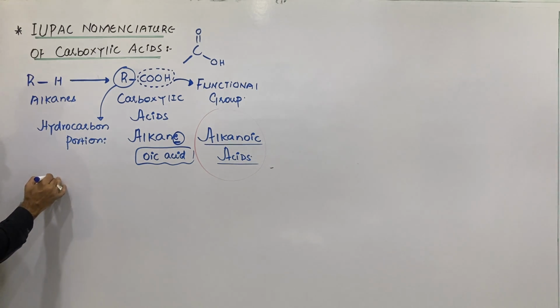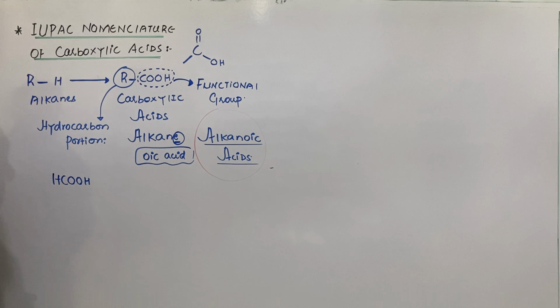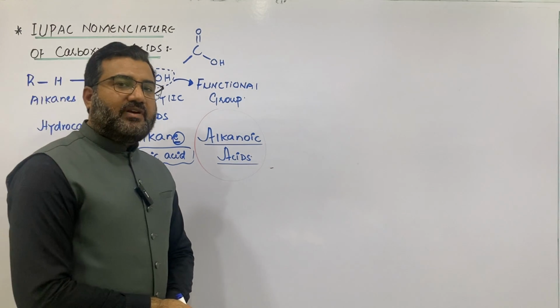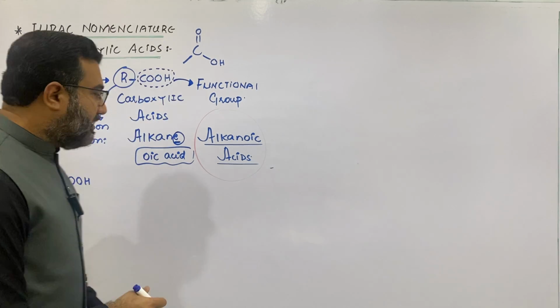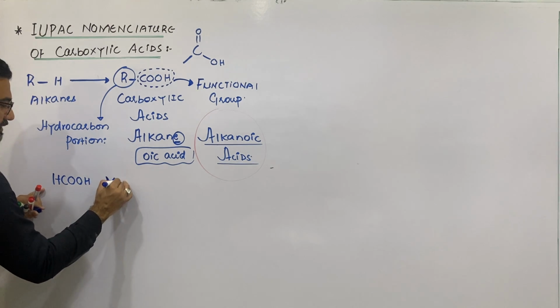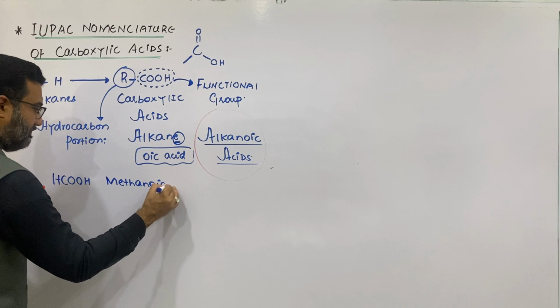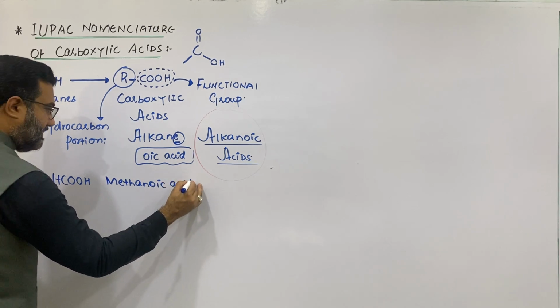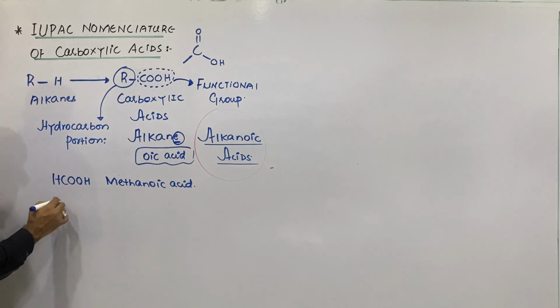Starting from the simplest carboxylic acid with one carbon. You know that the alkane with one carbon atom is called methane. So the carboxylic acid with one carbon atom, after methane, will be called methanoic acid, replacing the E of methane with OIC acid.